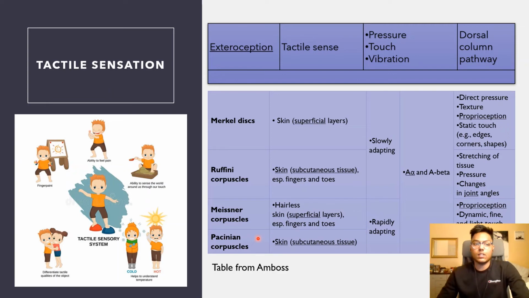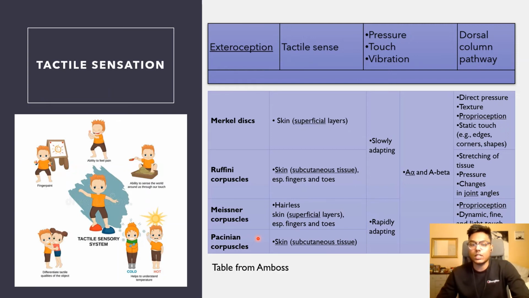These mechanoreceptors can be categorized by their morphology, by the type of sensation that they are receiving, by the rate of adaptation, and also by the receptive field, which means the particular region of the body part that they are present in and are receiving the sensory information.